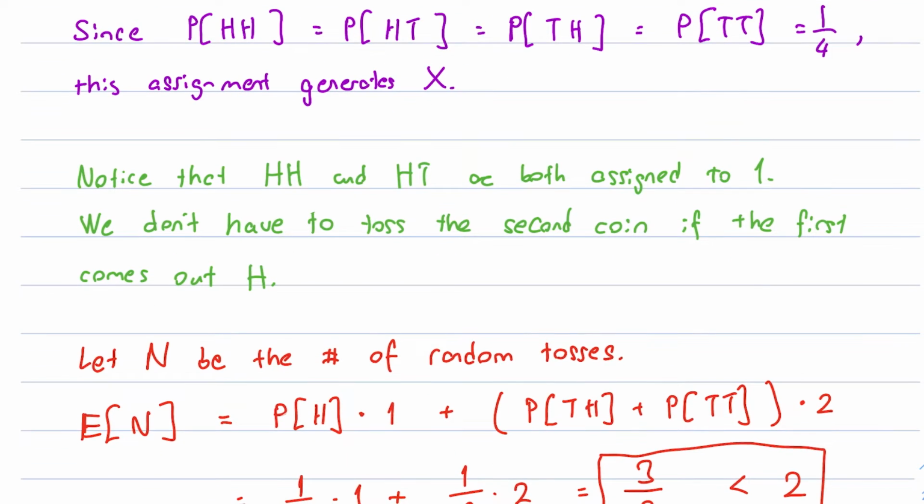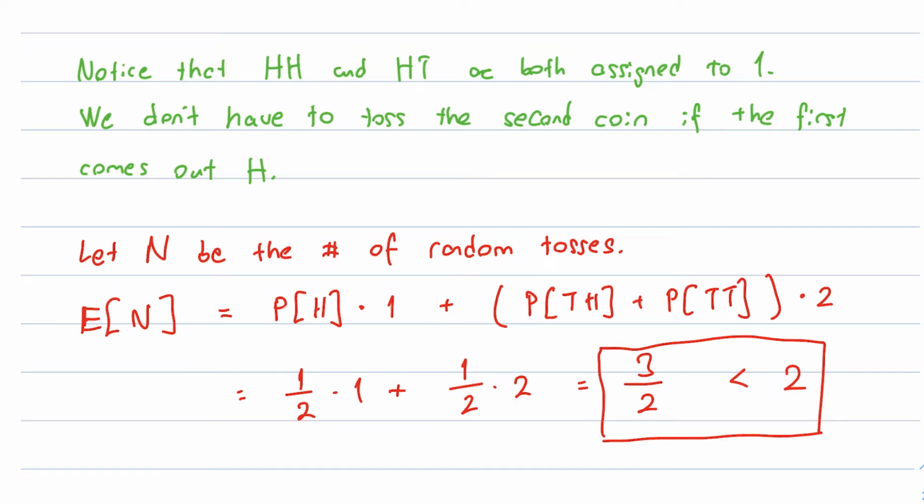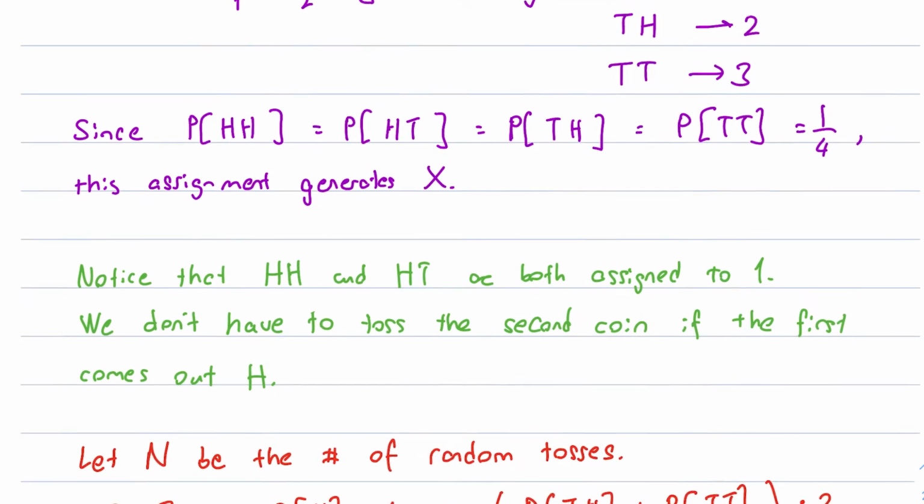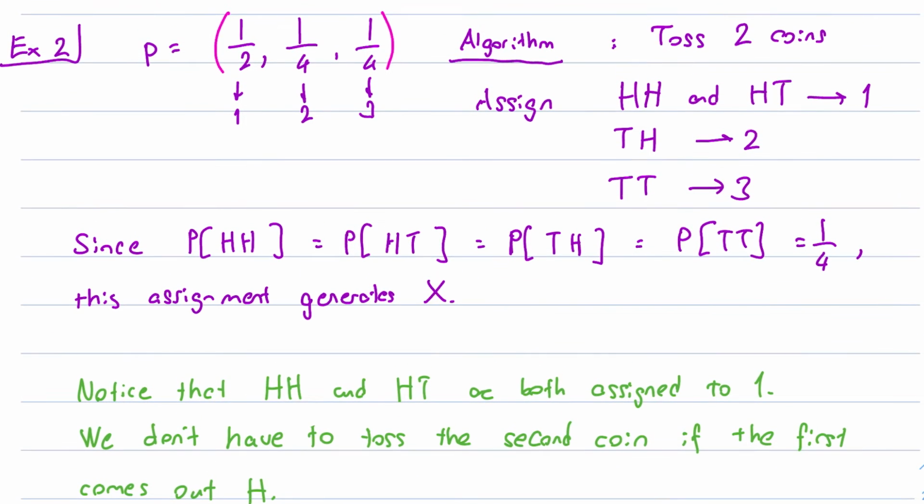We notice that in the second example, we can actually do better than two coin tosses. This is because HH and HT are both assigned to 1. And this means that after the first coin toss is heads, we don't need to see the outcome of the second coin toss, and we can just stop after the first coin toss if it comes out heads.